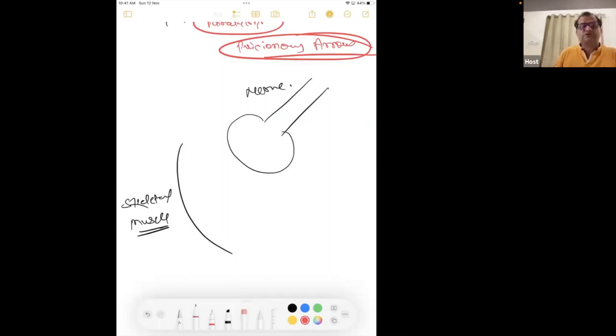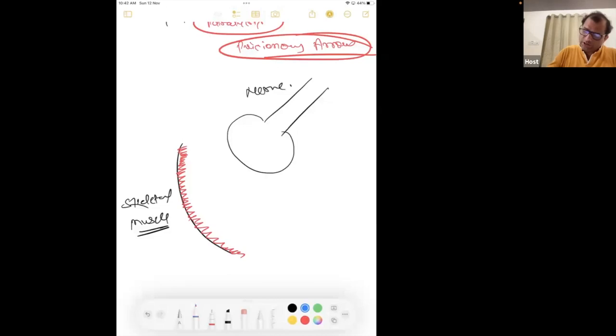But as soon as these poisonous chemicals go into the human body or the animal body, they block this path. They are blocking the path to the skeletal muscle.